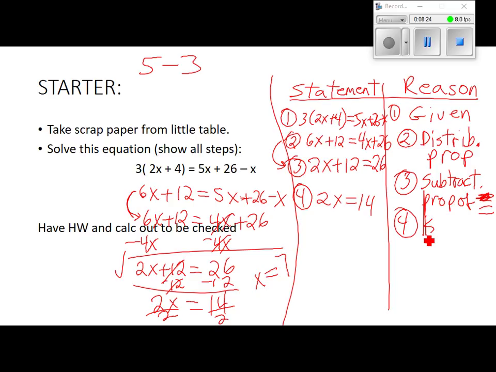Now, I'm going to abbreviate a lot, but can I abbreviate subtraction, SUB? And the reason is, there's another property that you learned last year that could also be abbreviated SUB. Does anybody remember it? If not, we'll talk about it here in a little while.